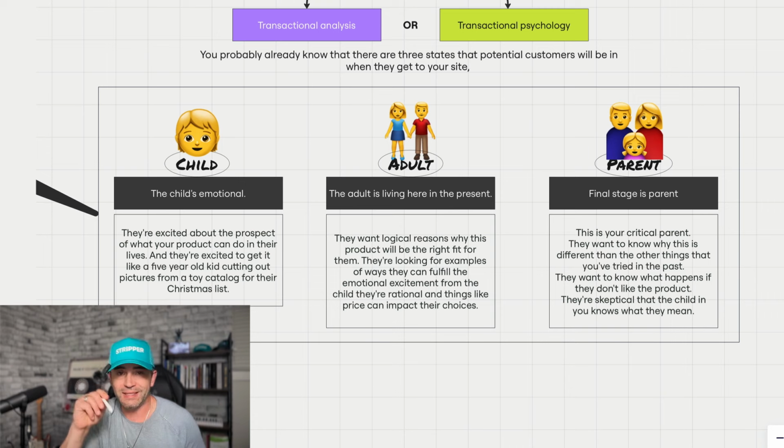How are we going to eliminate the risk for this person so that they know that if the product doesn't work for them, there's nothing for them to lose? That's how you make an irresistible offer.